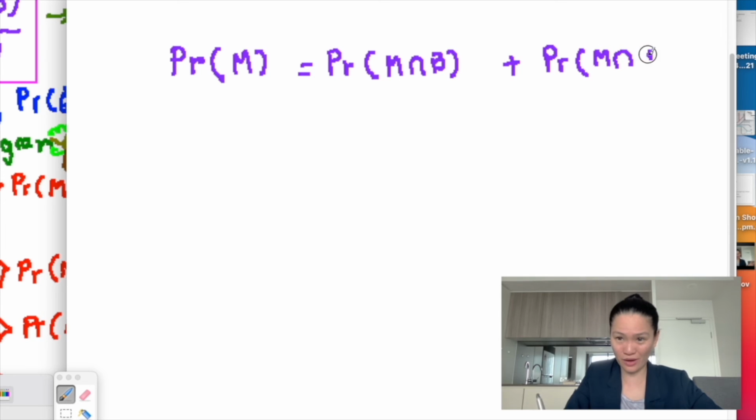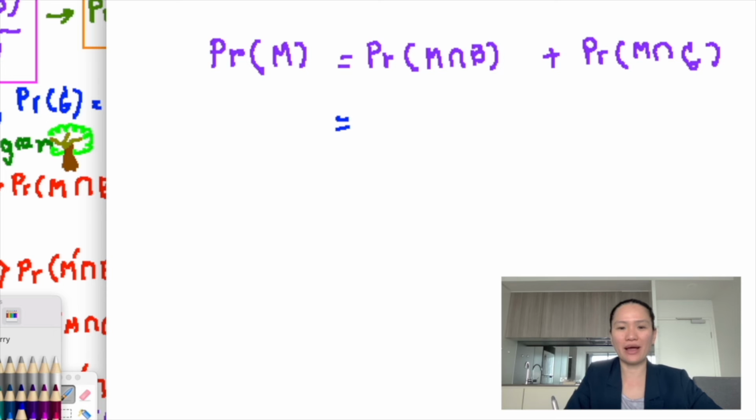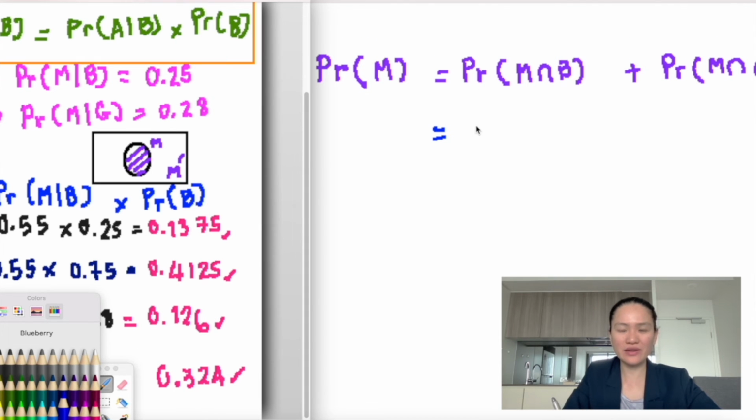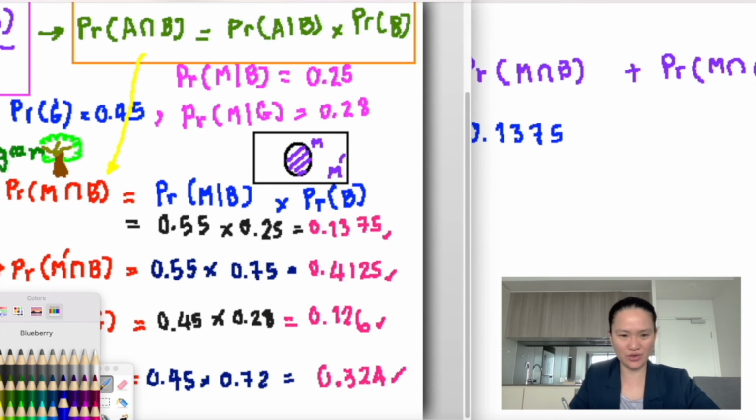Can you see this one? Does it make sense? Yeah? Okay. Let's find out what the numbers are. The probability that math intersect boy, we find out from here, is equal to 0.1375.